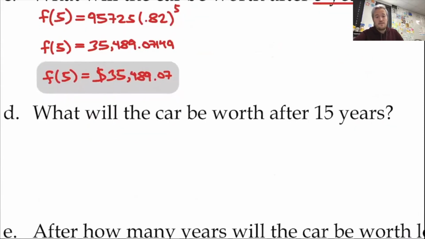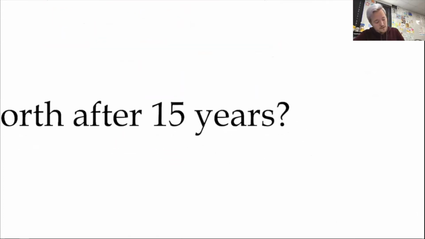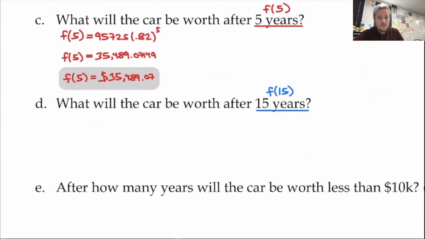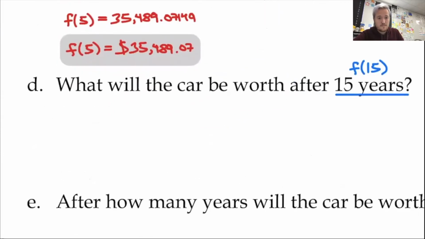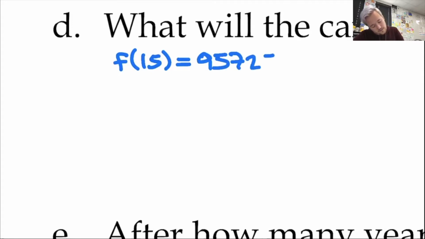All right, so now we want to find the value of the car after 15 years. Once again, this is the same thing as saying find f of 15. So after 15 years, f of 15 is going to be 95,725 times 0.82 raised to the 15th.